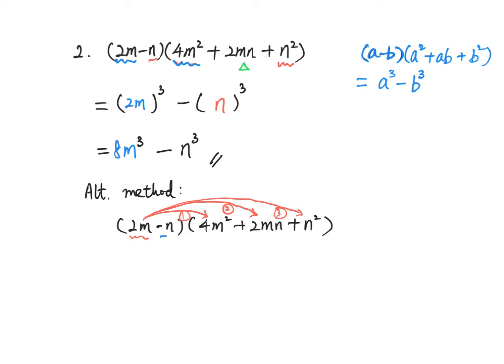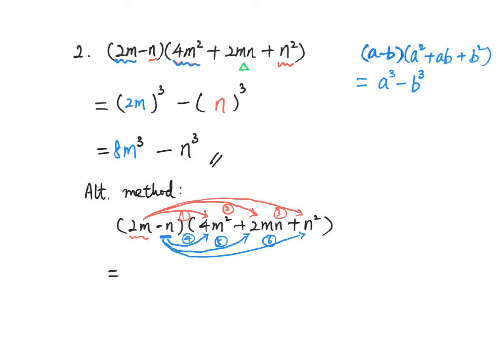And the second term, negative n, multiply 4m². Negative n multiply positive 2mn. Negative n multiply n². So we have 6 terms. So just write it down.